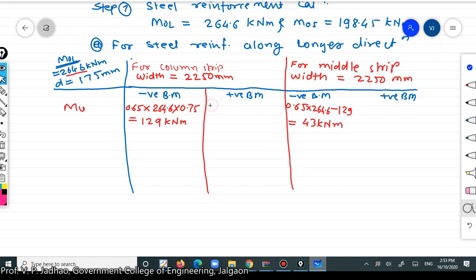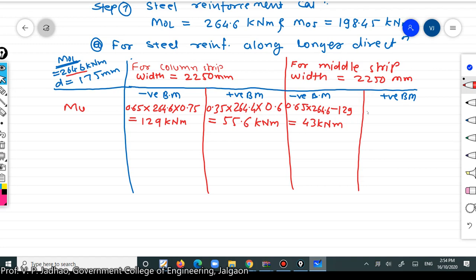So out of this 35%, that is 0.35 into 264.6, 60% is taken by the column strips. So multiply this with 0.6, you will get this bending moment as 55.6 kilonewton meter.